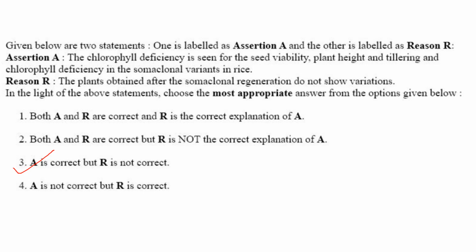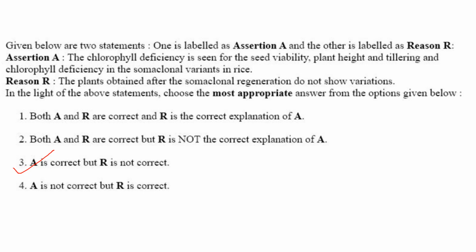Okay. Now what is somaclonal variation? It is a genetic variation that occurs in plants which are regenerated from somatic cells through the method of tissue culture.